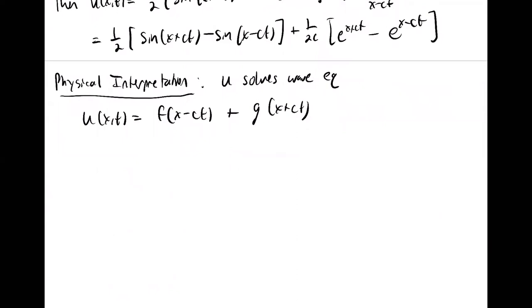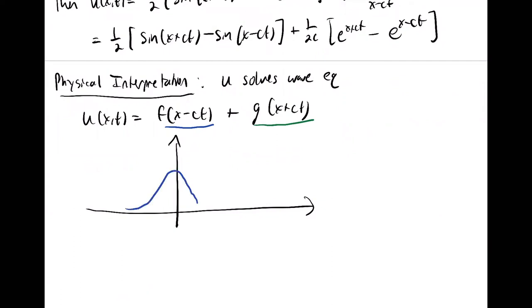Right. And so, what does this look like if we try to sketch it as a graph? Let's say I'll draw my function f with blue, and I'll draw my function g with green. Right, well, let's say when t is equal to 0, maybe my function is something like this, my function f. When t is equal to 0, this is just f of x.